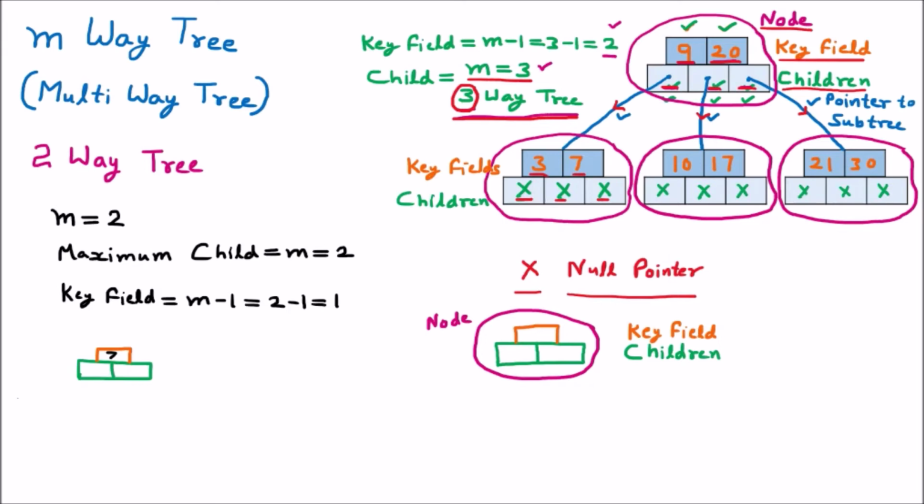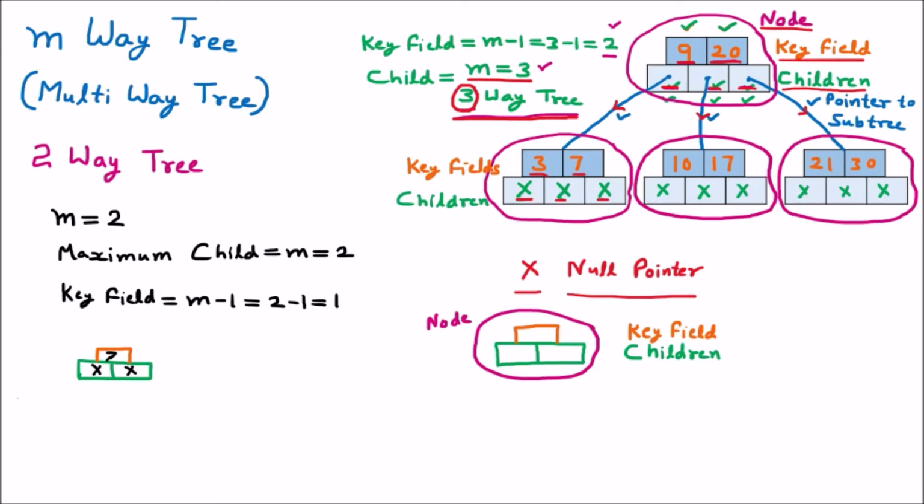Now if we have only one node available and there are no children, then in the children boxes we put the cross. So there is only one node available, which is 7, and it has no children. So this is case number 1 of the two-way tree.